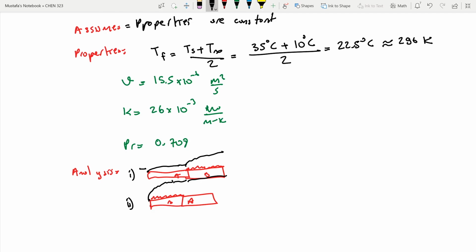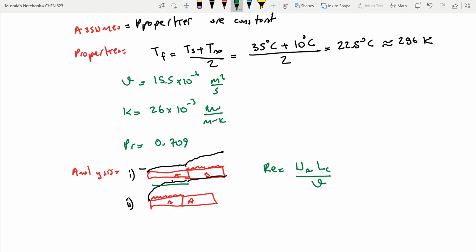So now we are going to see the effect of this on heat transfer. The first thing I need to do is calculate the Reynolds number. Reynolds number is simply U infinity Lc divided by kinematic viscosity. Lc is this length here.